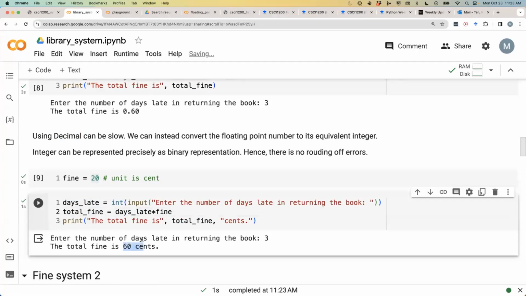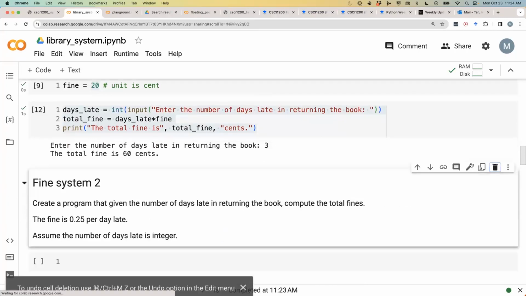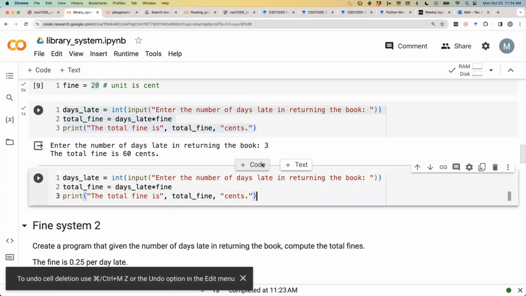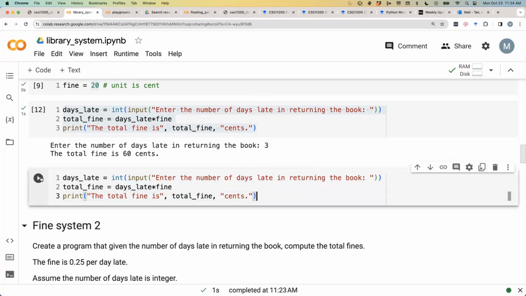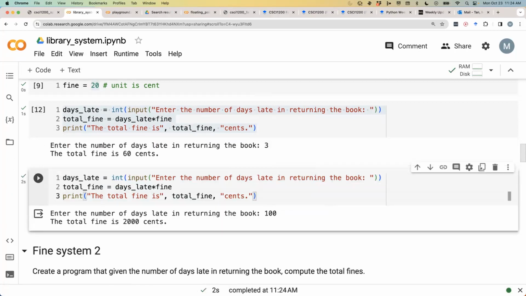So I have this. However, the downside is if you have, for example, larger values of larger fine, say I give 100, then you have the total fine is 2,000 cents. So you want to tell the user that you incur a fine of 2,000 cents, which is very difficult for the user to understand.